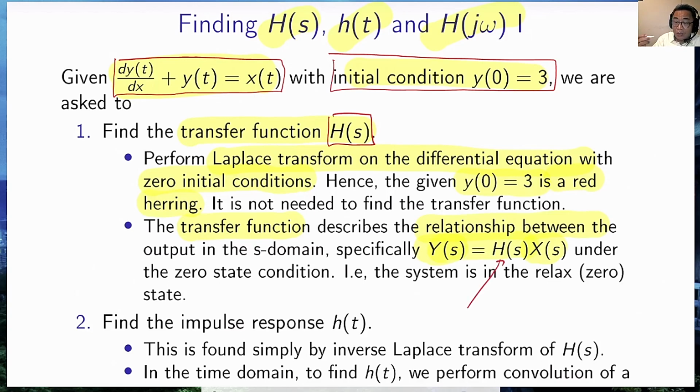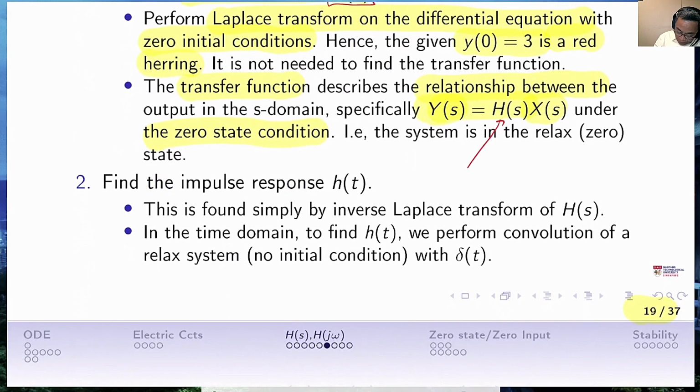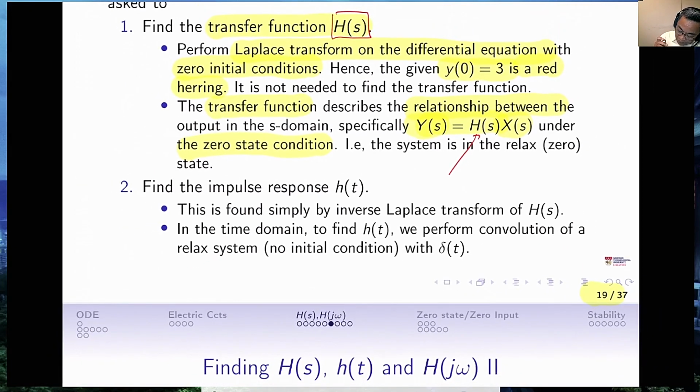So Y(s) equals H(s) times X(s). Always remember, when we are interested in the transfer function, it is the zero state condition, or sometimes called a relaxed condition.